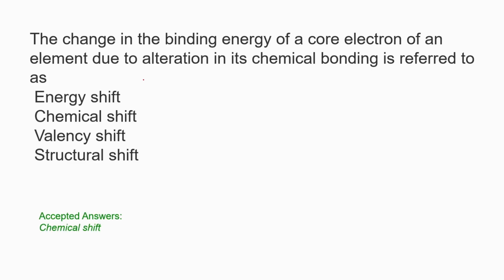And the correct answer here would be chemical shift. So in the chemical shift, the change in the binding energy of a core electron of an element happens due to alteration in its chemical bonding.